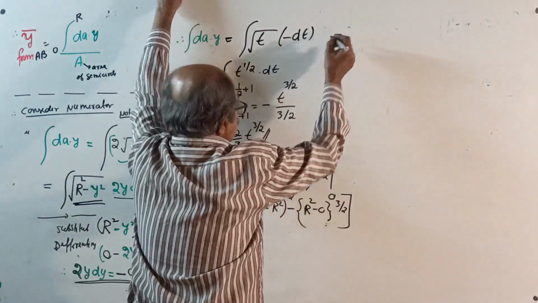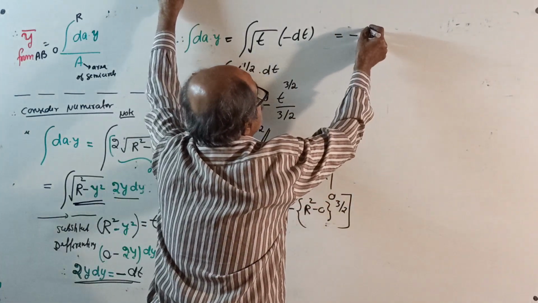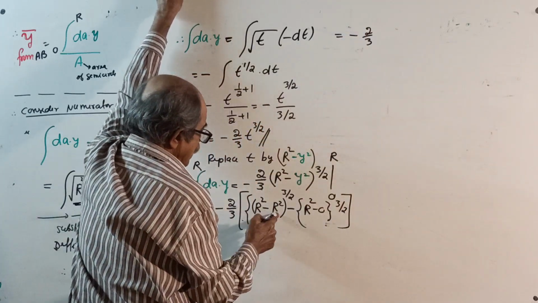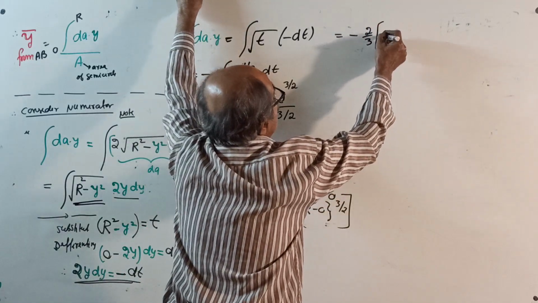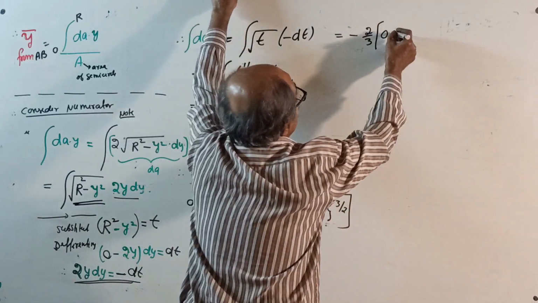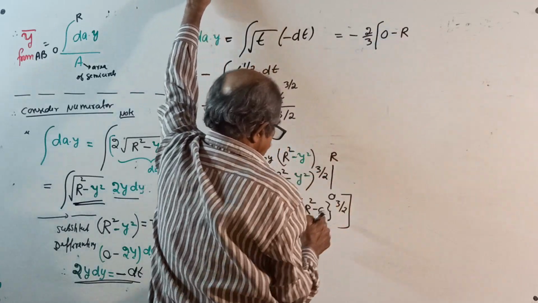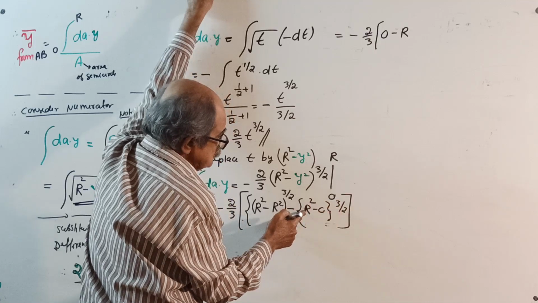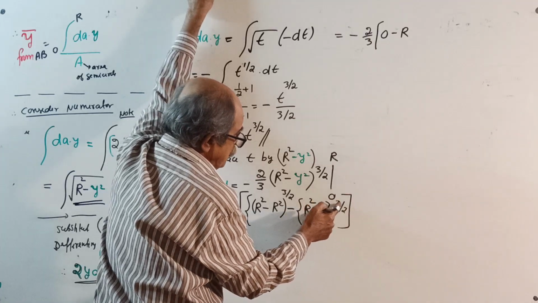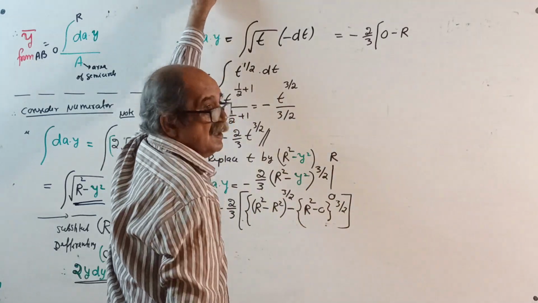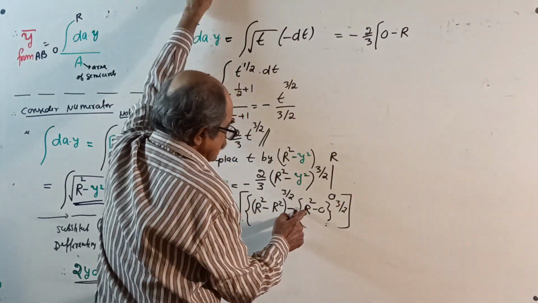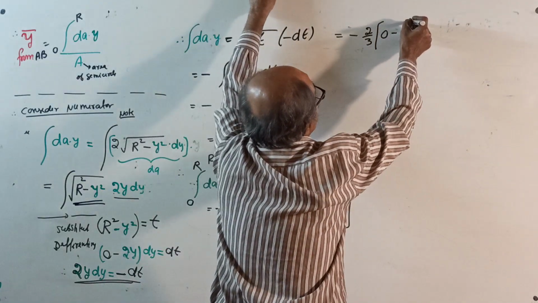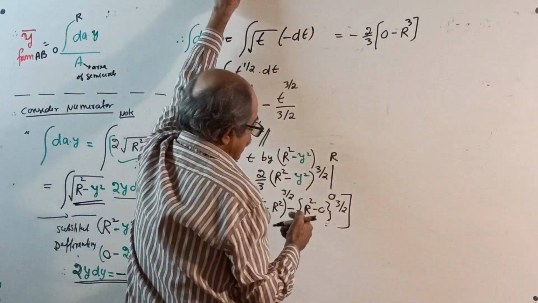So it equals minus 2 by 3 times r square minus r square, which is 0, minus r square to the power 3 by 2. See, r square to the power 3 by 2 is what? You should know that much. It is r cube. The 2 will cancel, giving 0 minus r cube. That much mathematics.